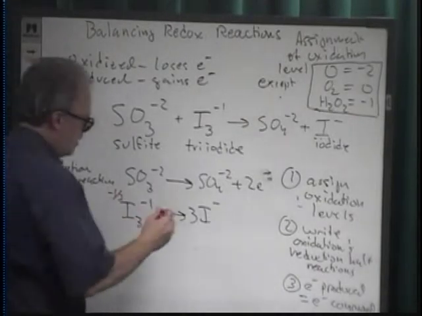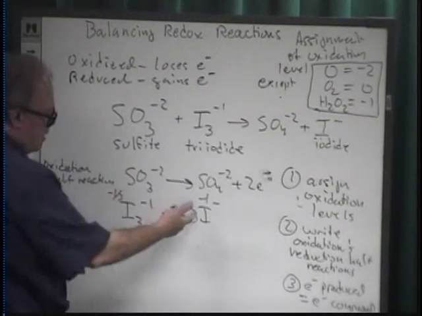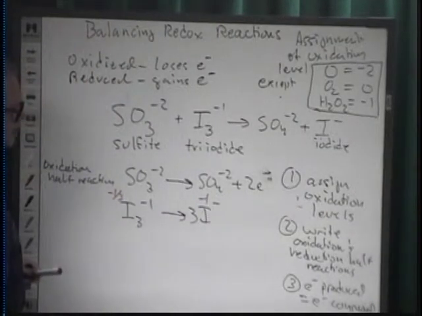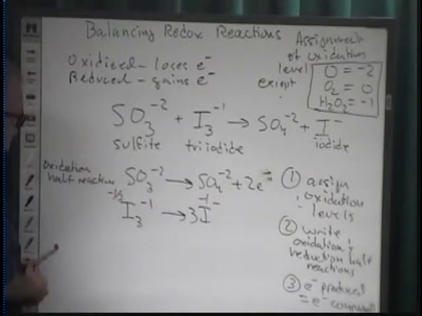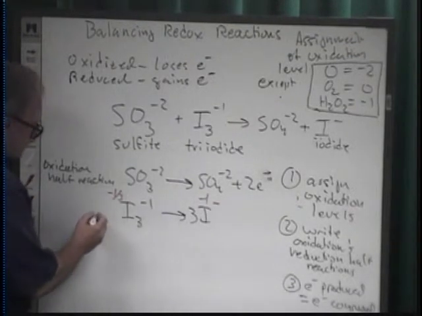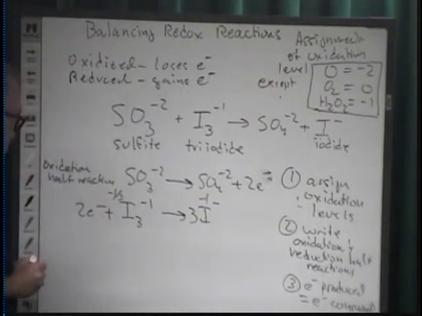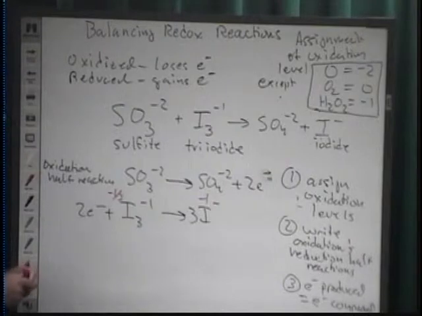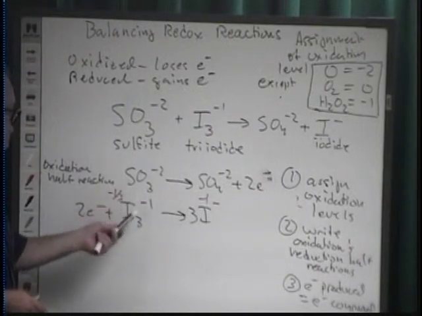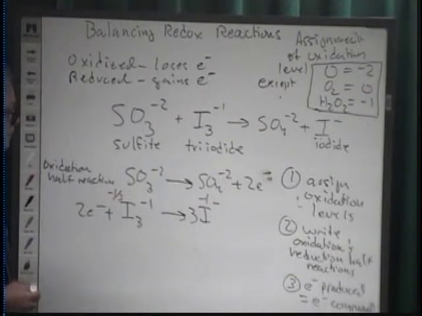And then it's going to be minus 1 for each iodide atom in iodide, okay? And so you can figure out that what you're going to have in this case is a consumption of 2 electrons to make that happen, okay? To take I3 minus 1 to 3I minus 1, okay?